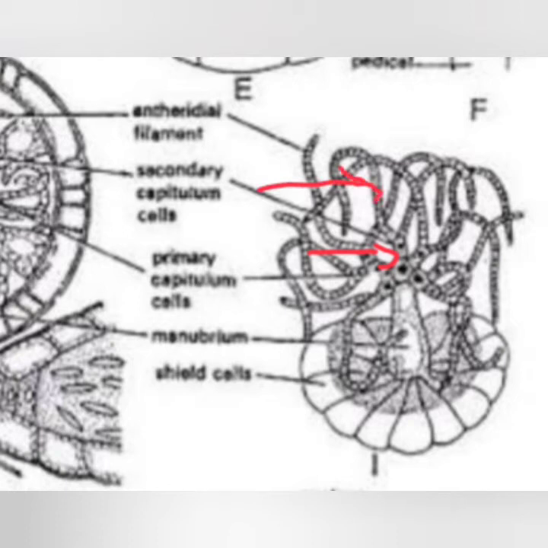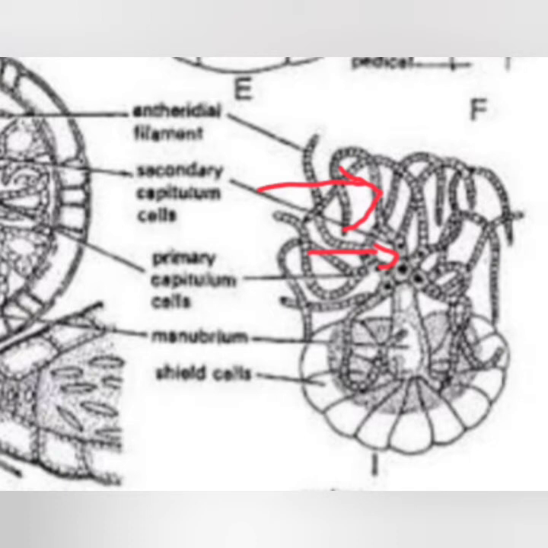You can see these thread-like filaments, known as the antheridial filaments, or the spermatogenous filaments. And each of these antheridial filaments, I had also mentioned, has about 225 to 250 uninucleate cells.